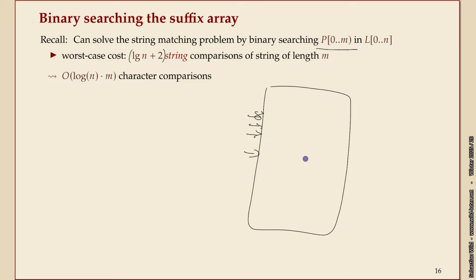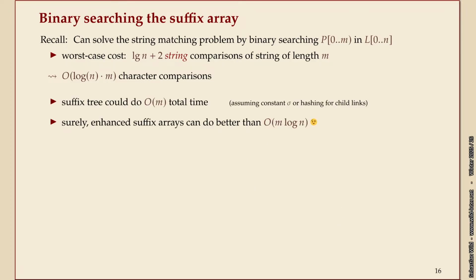Again, the stupid example of having a text of all A's shows you the worst case here is indeed log n for the number of queries times m. Each could be scanning the entire pattern. Whereas suffix trees could do a lot better, assuming that the alphabet is constant or you're doing some trickery inside the nodes. You could even do it in constant time per character of the pattern.